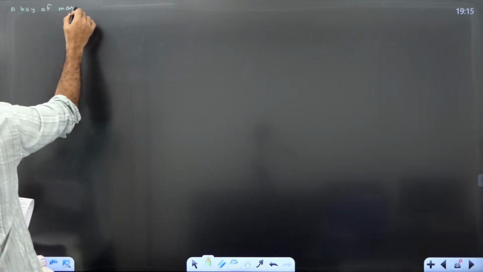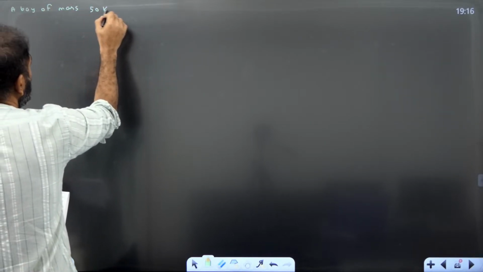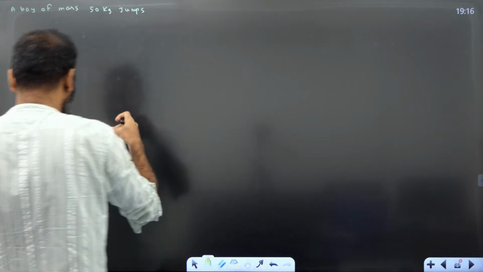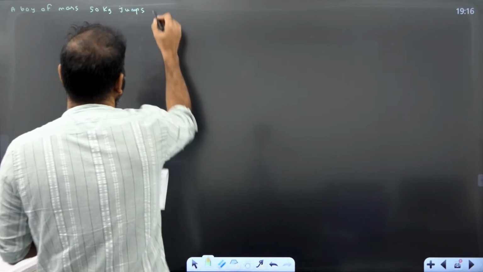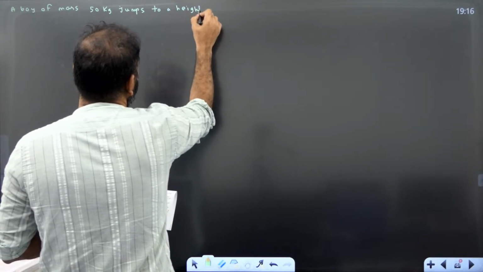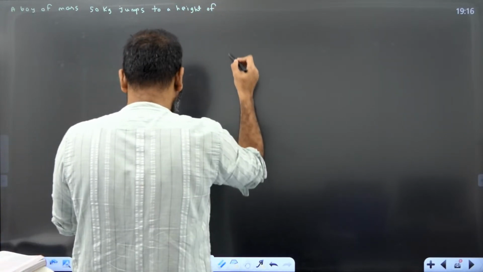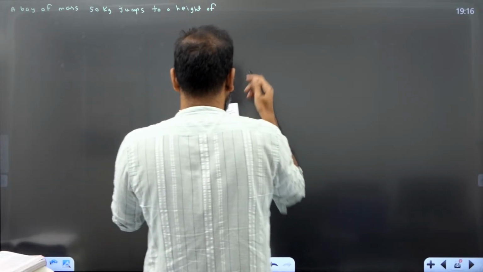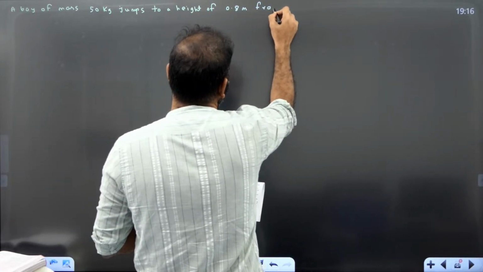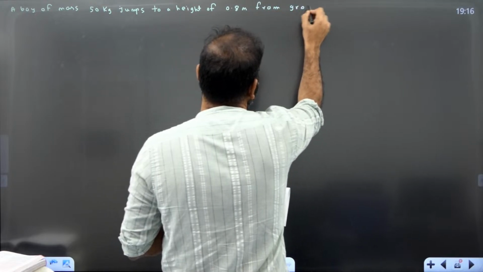Next question. A boy of mass 50 kilogram jumps to a height of 0.8 meter from ground.